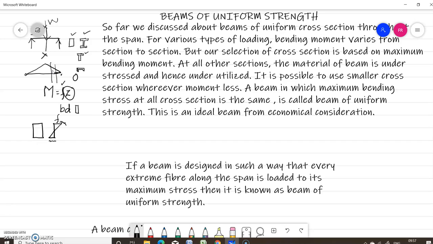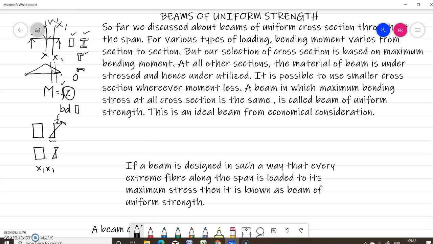Now consider all other cross sections, the cross section at some other section, let this be x1. If you take the cross section at x1, the bending stress will not reach the maximum value, since the bending moment is lesser than the maximum bending moment at this section x1. So the fibers will be underutilized.